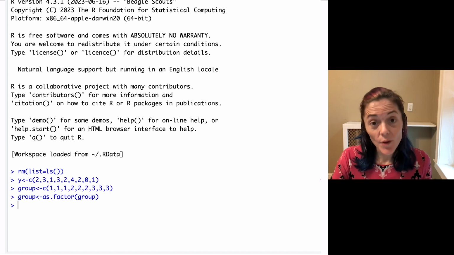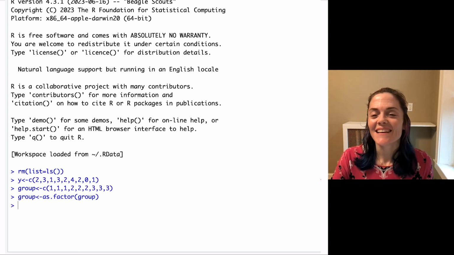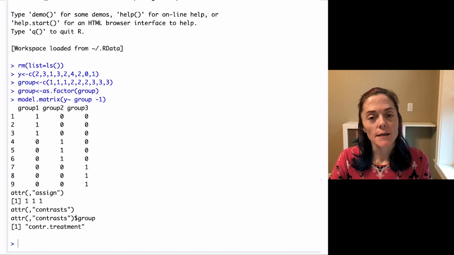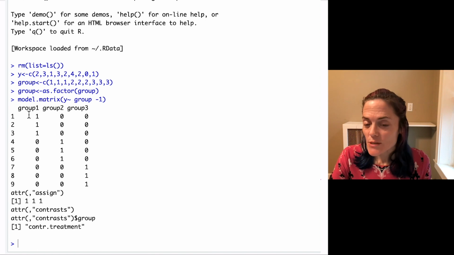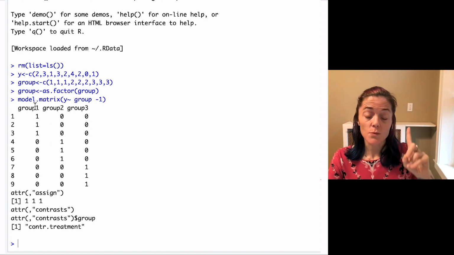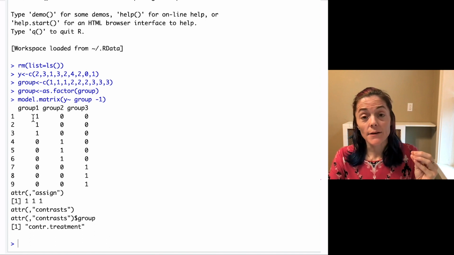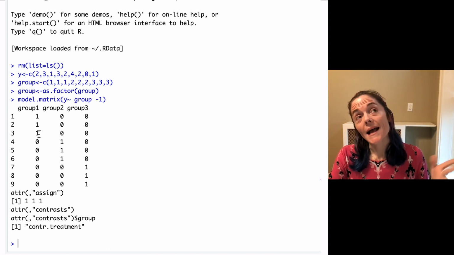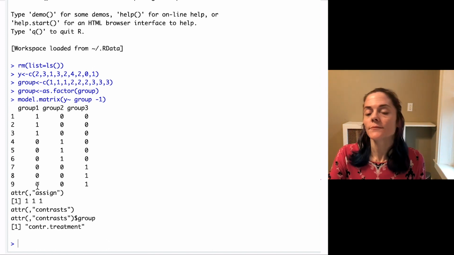This is the example that we've been working with. If we ask for this model matrix with no intercept, this was what we saw before. We had x1, x2, x3. These are indicator vector valued variables where we get 1 if yi is in that group and 0 otherwise.